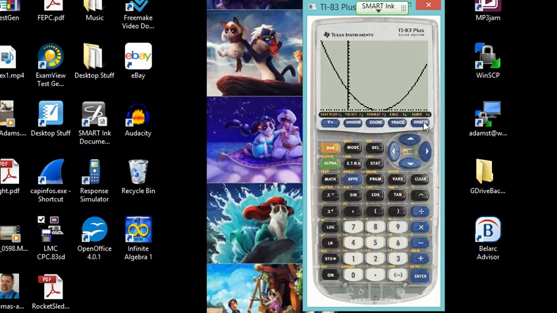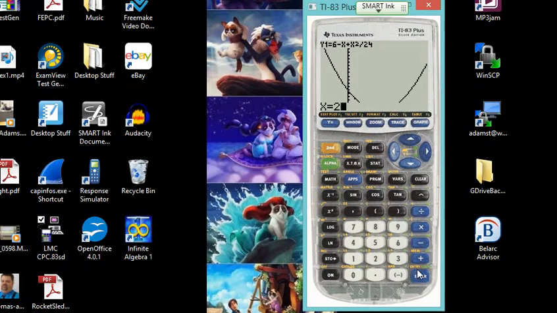That's the graph. And so what we're looking at here is this represents the height of the tank. So when x equals 0, which represents time, the height of the tank is 6 meters. Do you guys see that? 1 second later, the height of the tank is 5 meters.